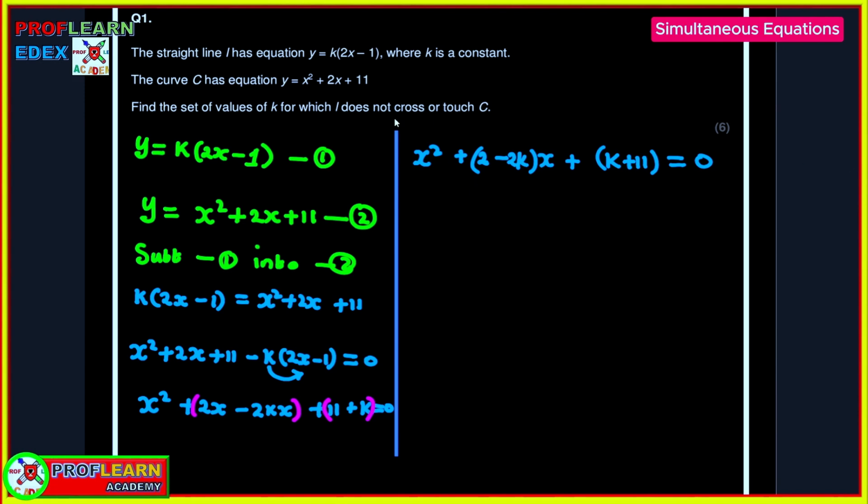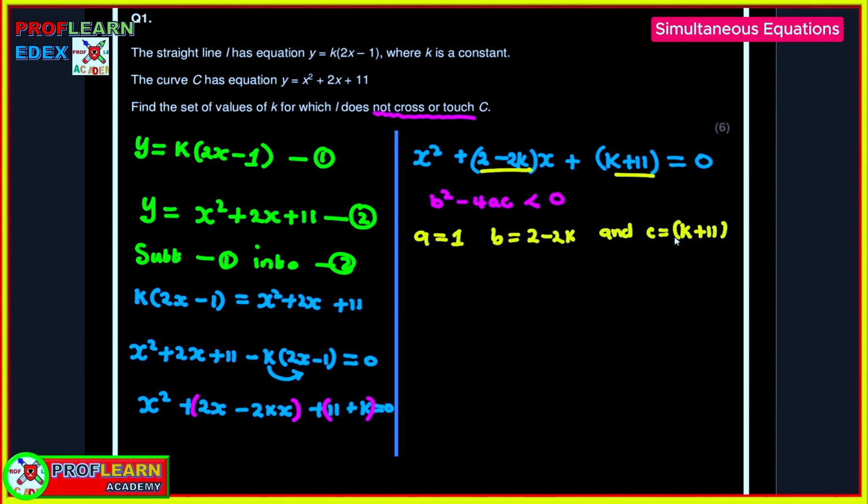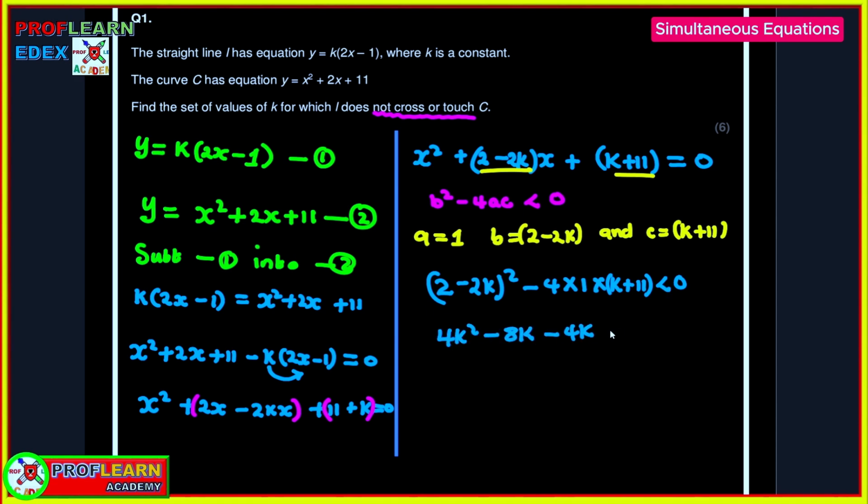Now, since we say that the line does not cross or touch the curve, it means the discriminant is going to be less than 0. So we can substitute into the discriminant and see exactly what we are going to get at this point.